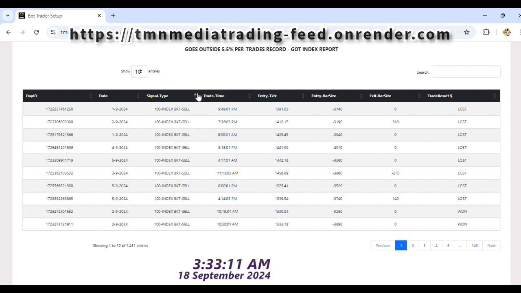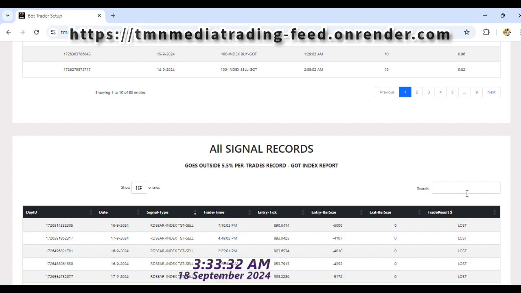Let's do it this way. See Red Bull on the 16. How many can you count? 1, 2, 3, 4, 5, 6. Because they are not all the same, let me sort this out by giving you 100 index. Just 100.